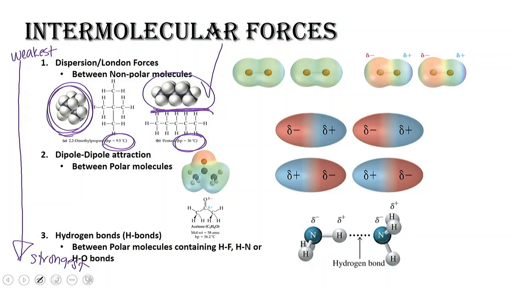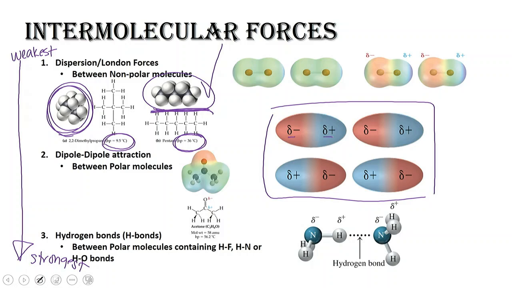So dipole-dipole interactions, if these are representing 4 different molecules in a soup of a polar, some polar pure substance, all of the molecules already have dipoles present in them. Notice I've got a slightly negative and a slightly positive end to these molecules.